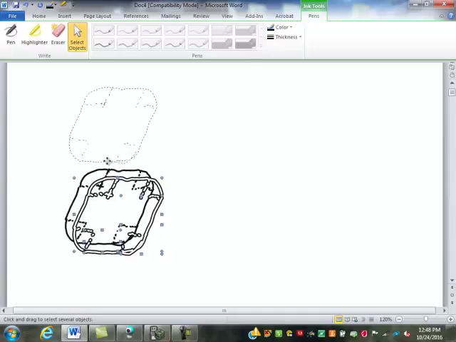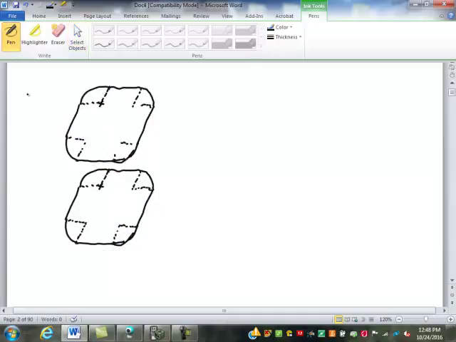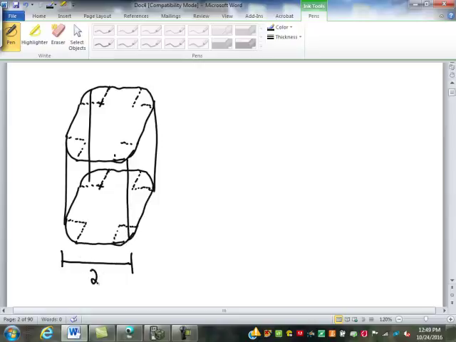And yes, I know I'm cheating with my artwork. Let's say that's 20 inches, and that's 20 inches.